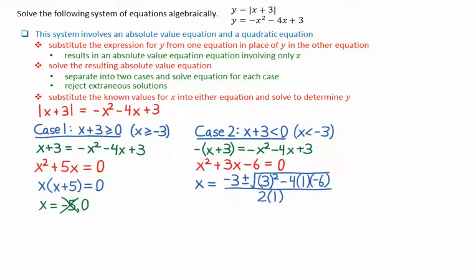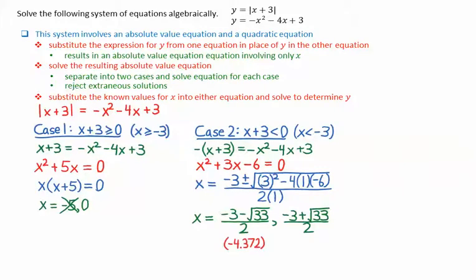Substitution gives x equals negative 3 plus or minus the square root of 3 squared minus 4 times 1 times negative 6, all divided by 2 times 1. This gives two results: negative 3 minus root 33 over 2, and negative 3 plus root 33 over 2.